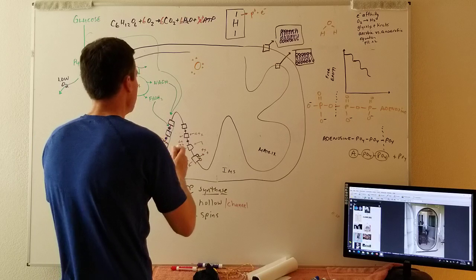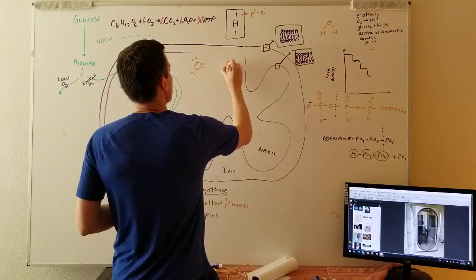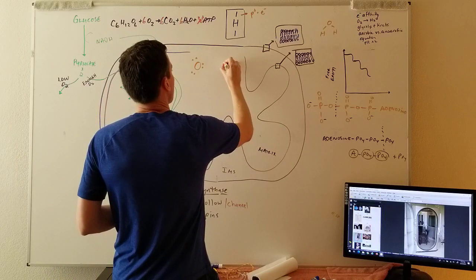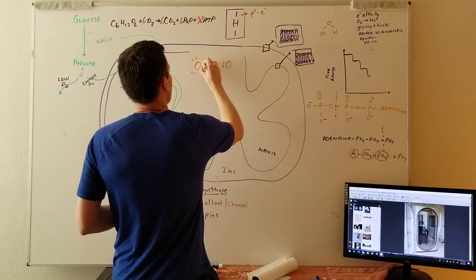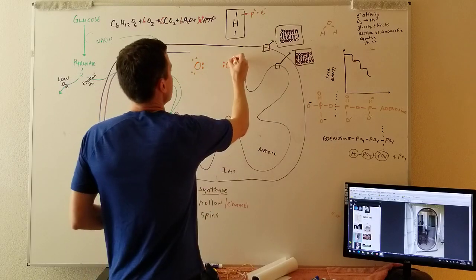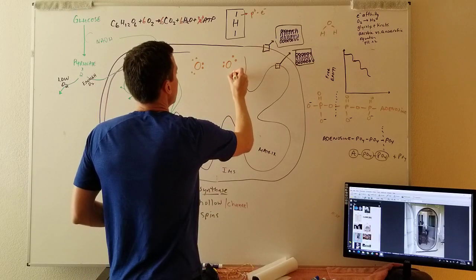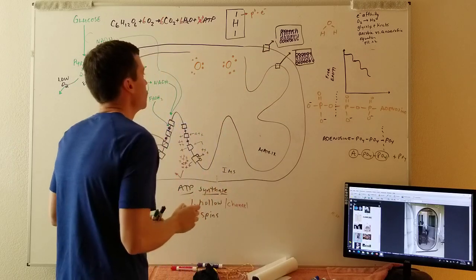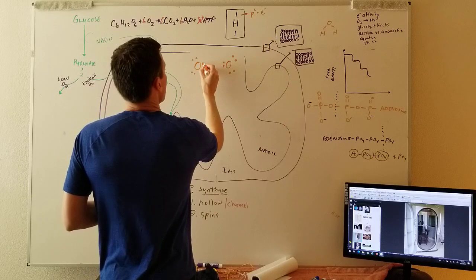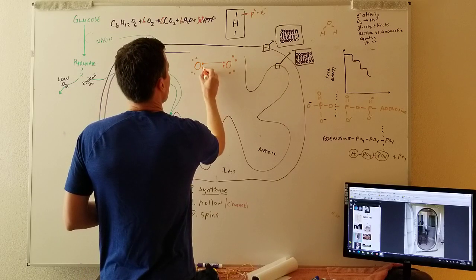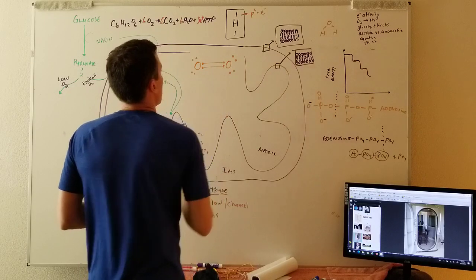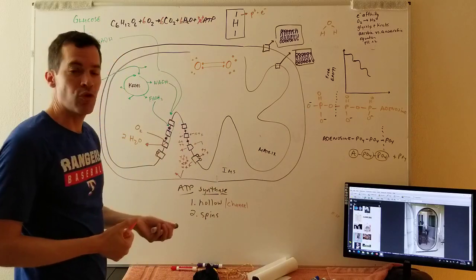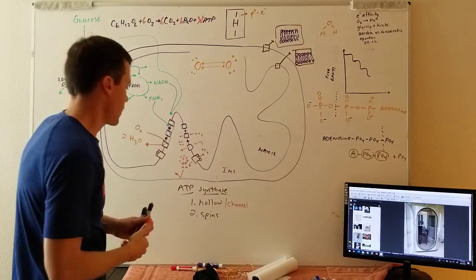So here's an oxygen, and here's an oxygen. These are the valence electrons. Try to make them big enough to where you can see them. And so right now, oxygen is neutral.